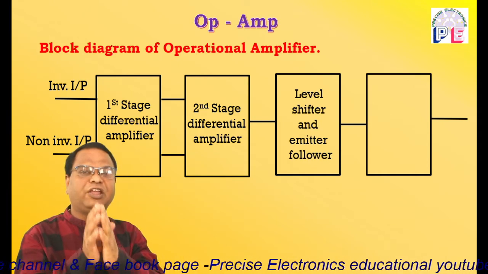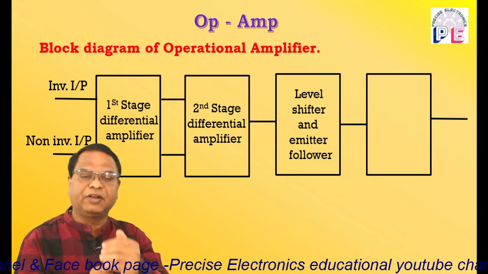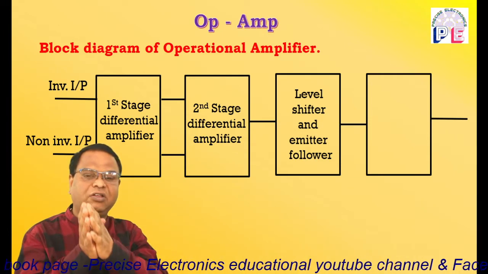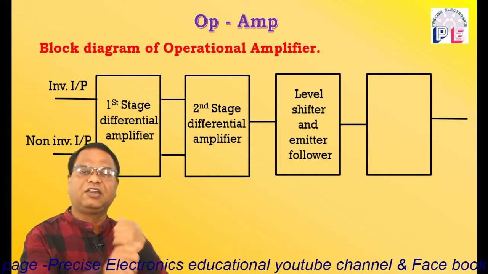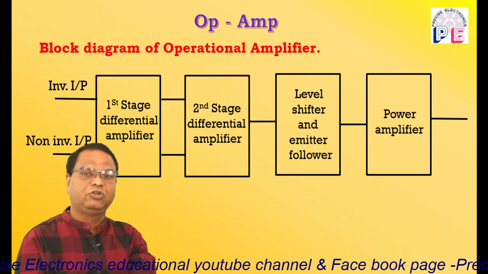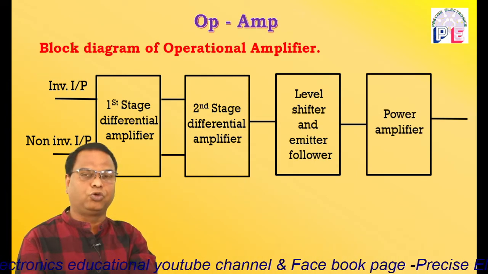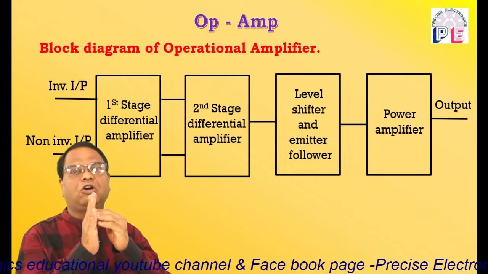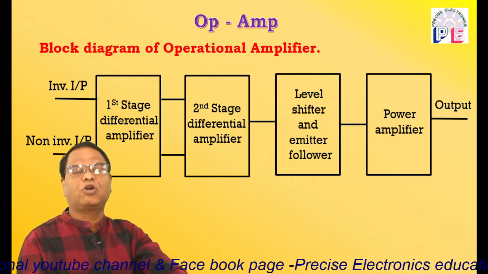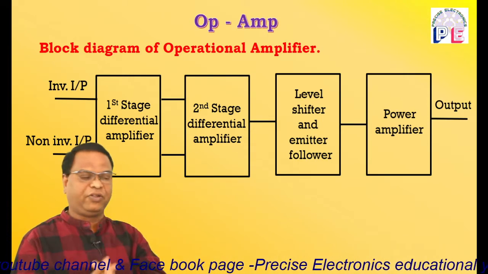The third block has two circuits, the level shifter as well as an emitter follower. And the last block of this block diagram is the power amplifier, which delivers the output signal. So that is the block diagram of operational amplifier.